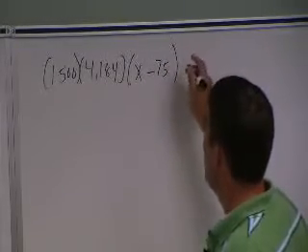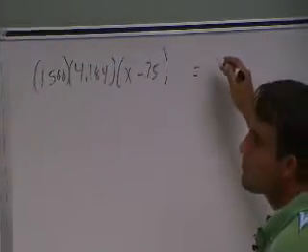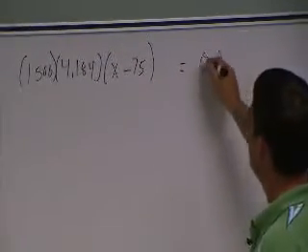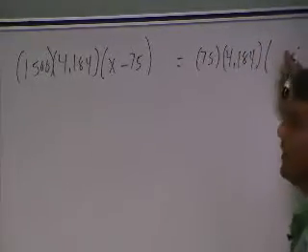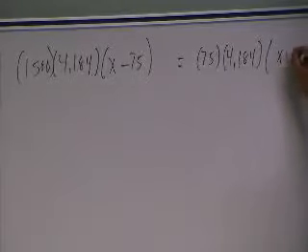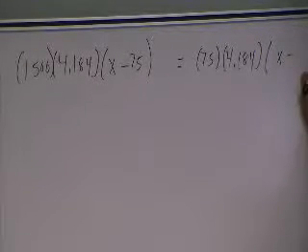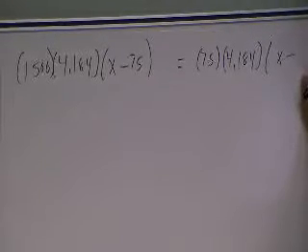So that'll take care of one water. Equals 75, times 4.184. The final temperature of that water is what we're looking for, right? Minus the initial temperature, which would be what?